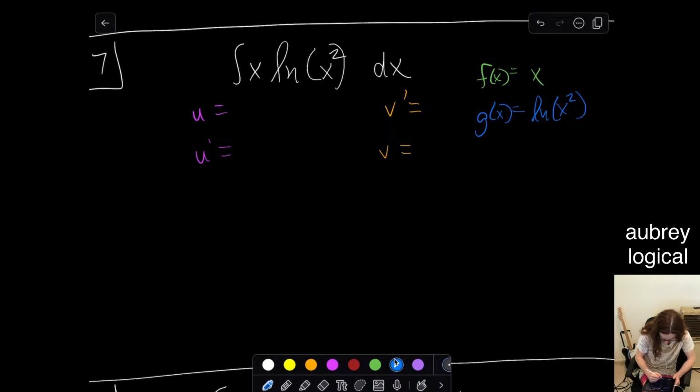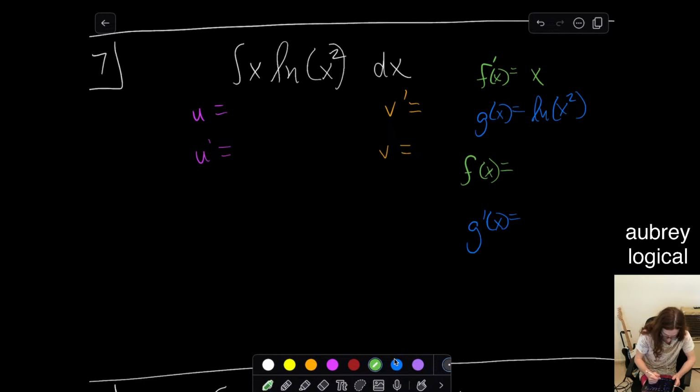Okay, so let's go ahead and find their derivatives now. Well, okay, just kidding. This actually is the derivative. So therefore, we're going to find the antiderivative of that one.